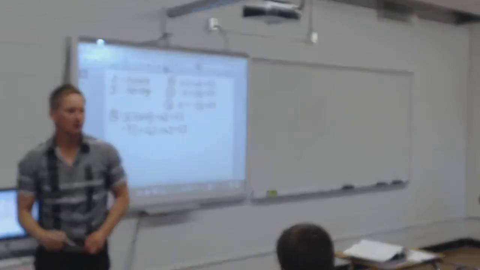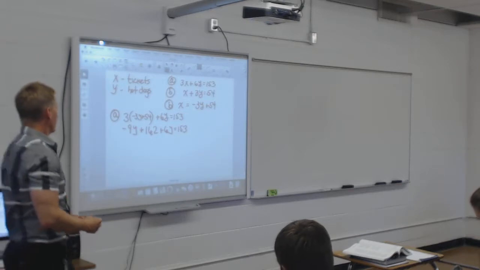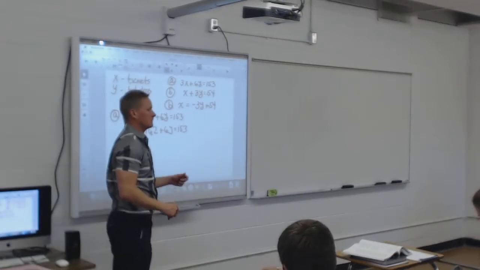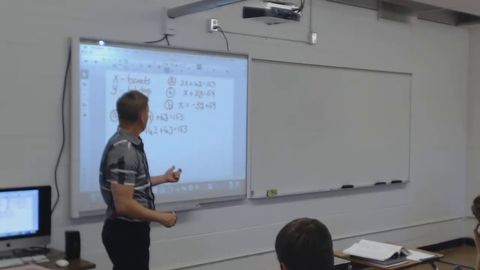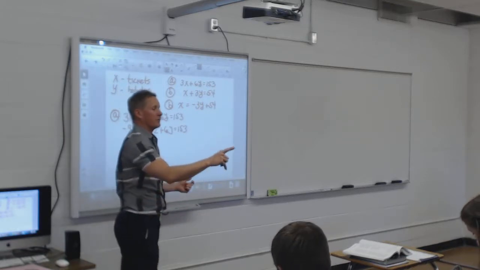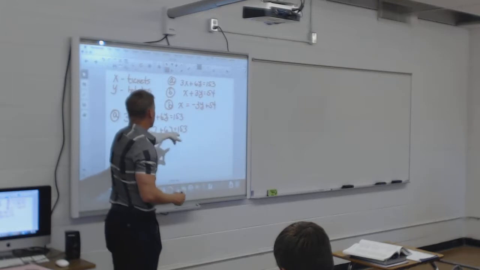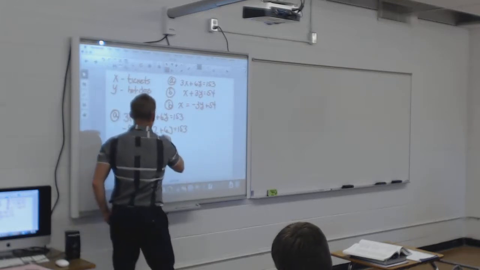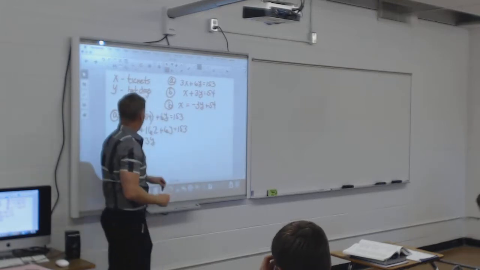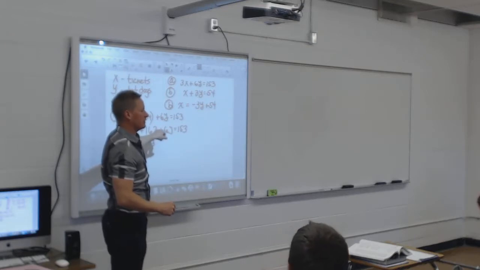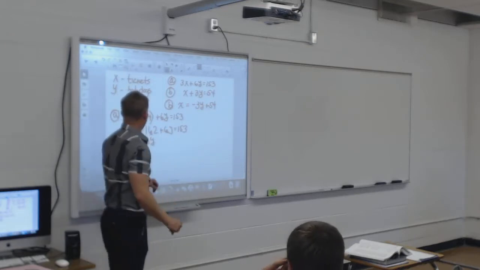Good so far? Okay. What's next? Could I do one more thing first? Collect like terms. I like that. Minus 9y plus 6y is 3y, right? And then what am I going to do with that 162? This is a negative 3y. Very good. Good pick up.